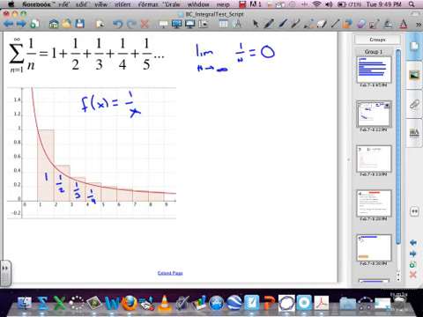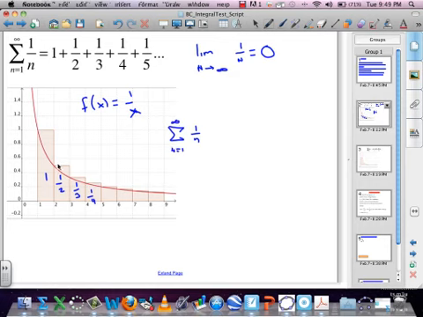Okay, so it's a left Riemann sum for the area under the curve 1 over x, starting at 1 and going off to infinity. And I think from this picture you could say, well, okay, looks like sigma 1 over n, this series that we started with, going from 1 to infinity.